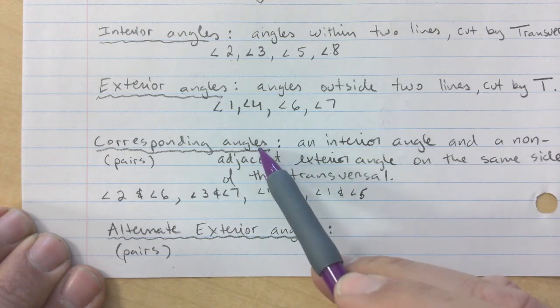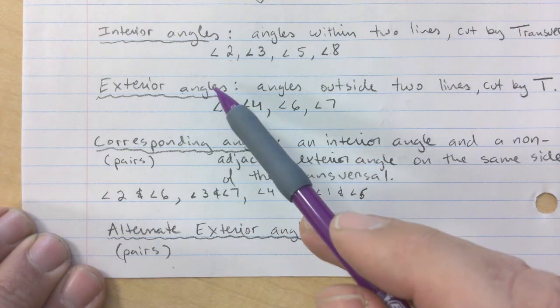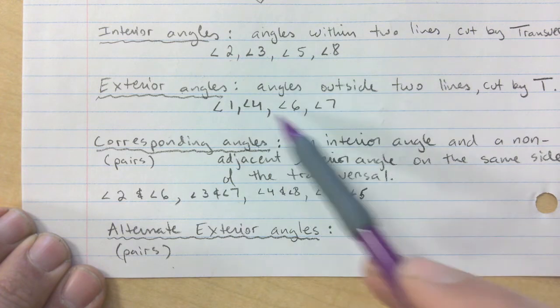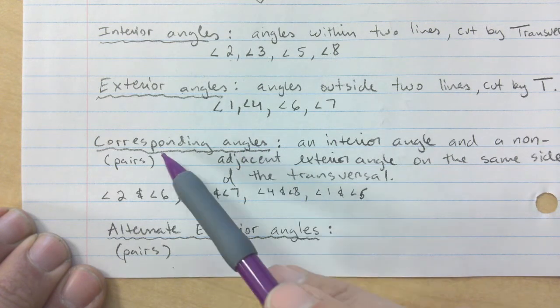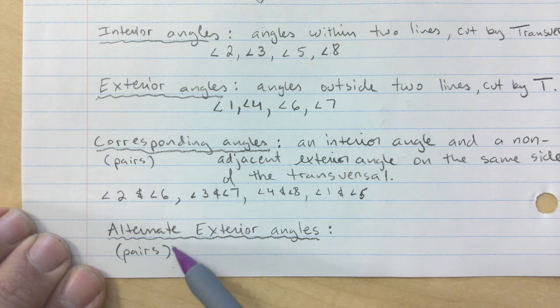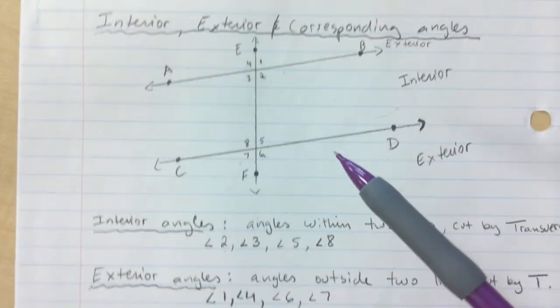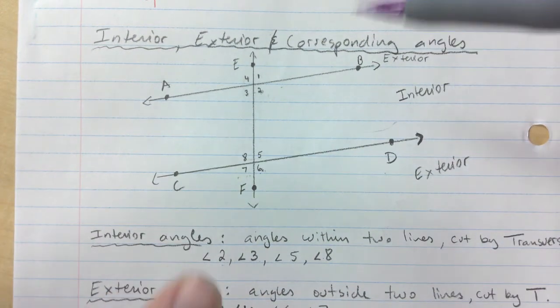So we've got our interior, exterior, they're just single angles. So you just list them, right? These are all on the inside, these are all on the outside. Corresponding is you would have pairs. Alternate exterior, you also have pairs. So let's go back up and identify them.